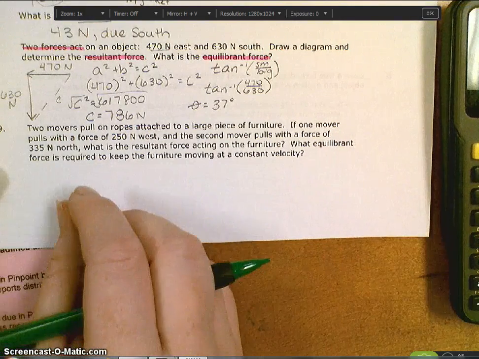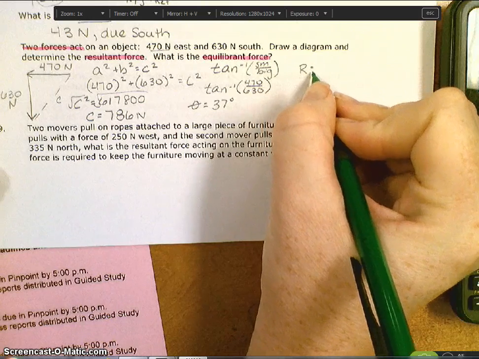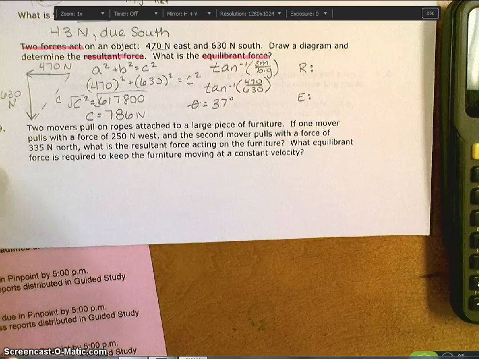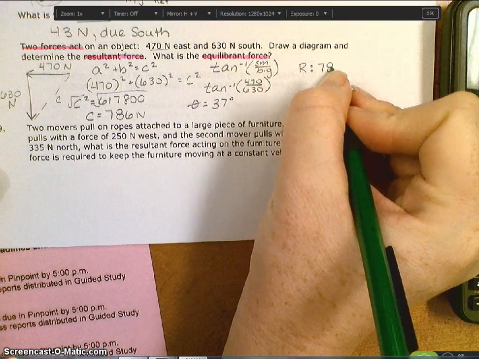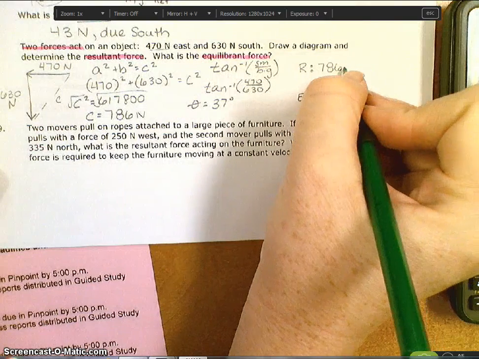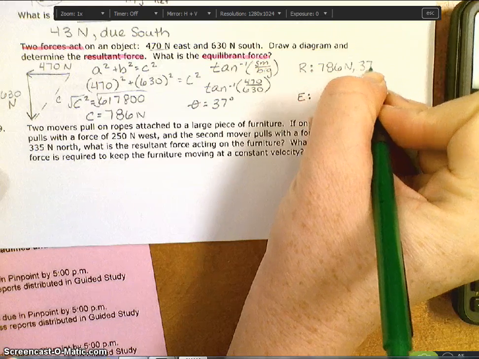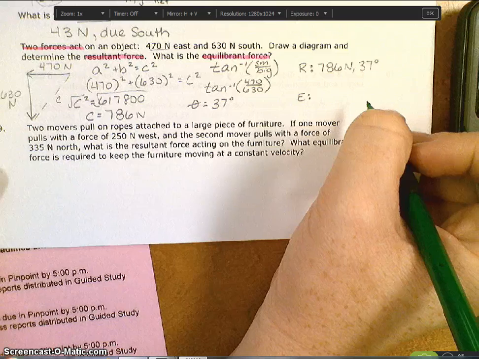Now, that's not the end of the question. I have to put these together as a resultant and an equilibrant. My resultant starts out with my force, 786 newtons, then my angle, 37 degrees, followed by my direction.